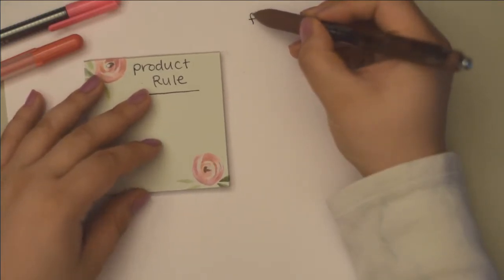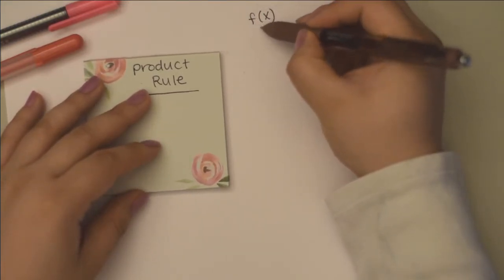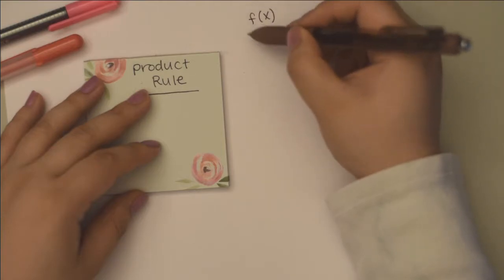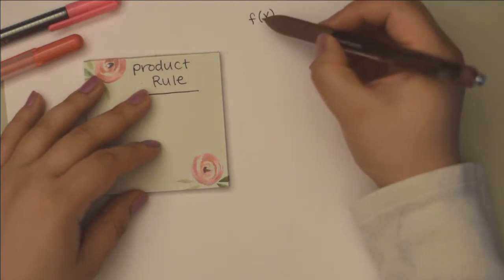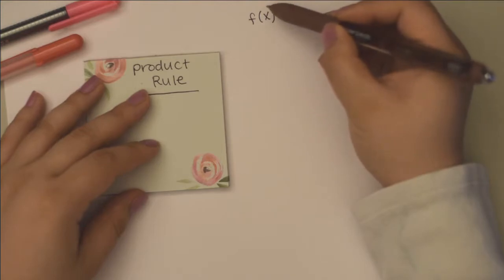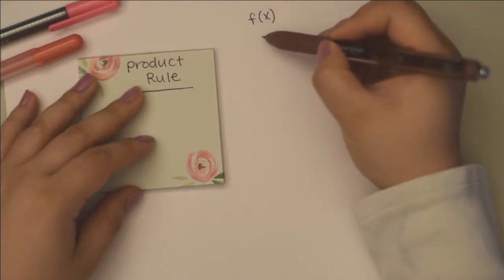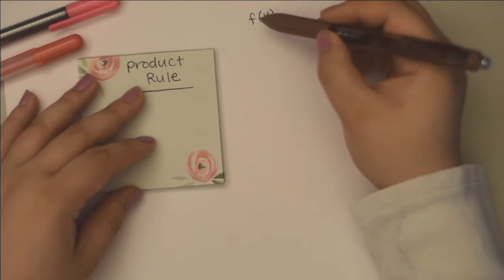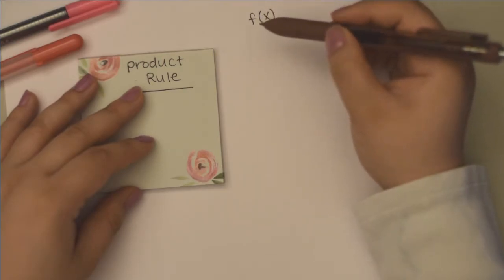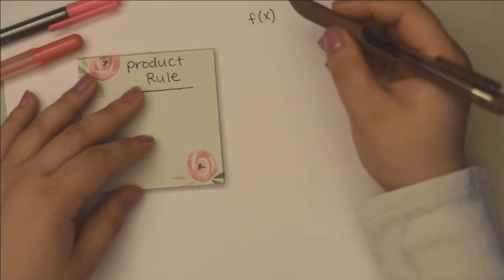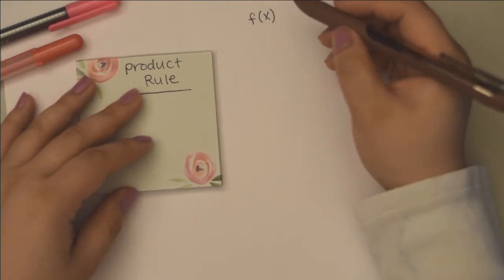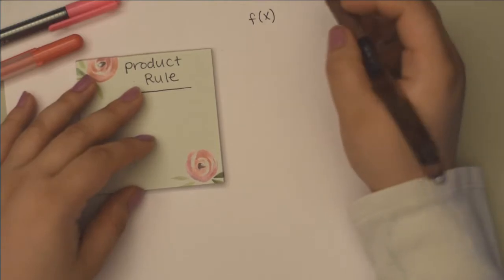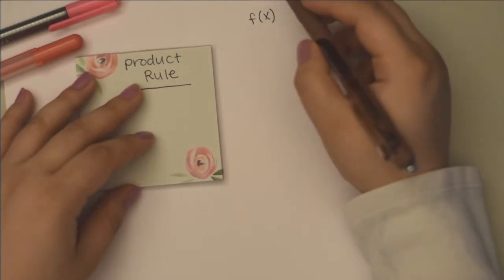But if we have f of x, so some sort of thing to do with just x, some function of x, like x plus 1, 2x squared, you might have an e to the x, you might have an ln x, you might have some trigonometric function, whatever the case may be.